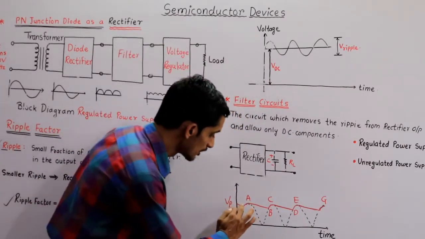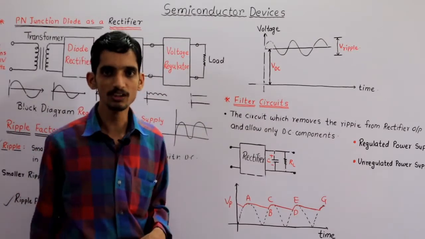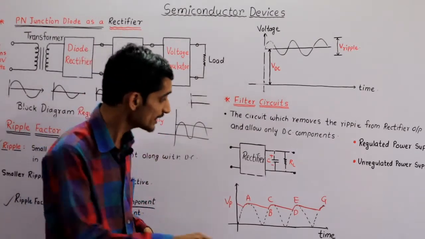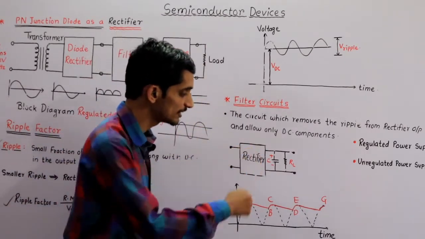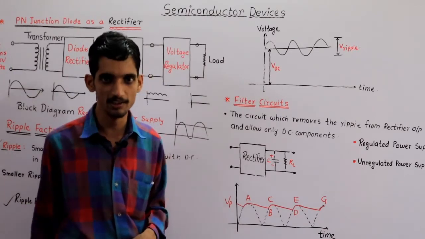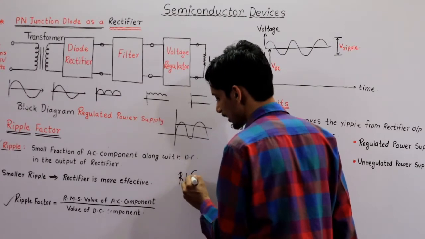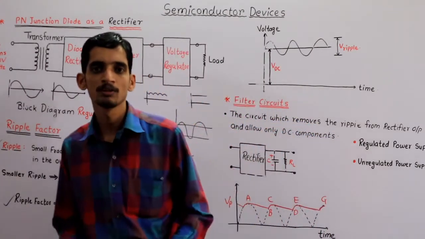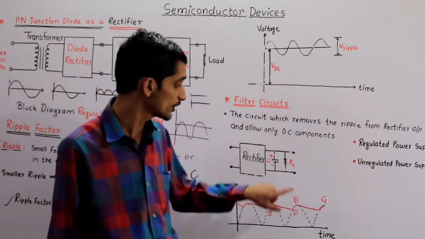That is why the discharging time constant is more; it takes more time. That is why the value of the capacitor used in this filter is very large, such as 1000 microfarad or 860 microfarad. The discharging time constant is given by R into C. As C increases, the time constant increases because the load is fixed.